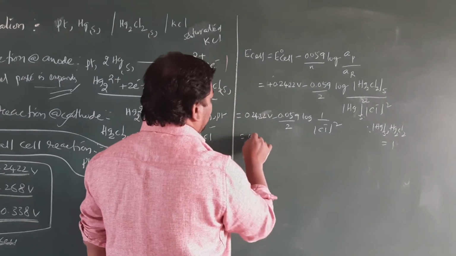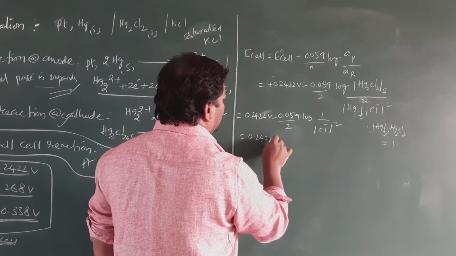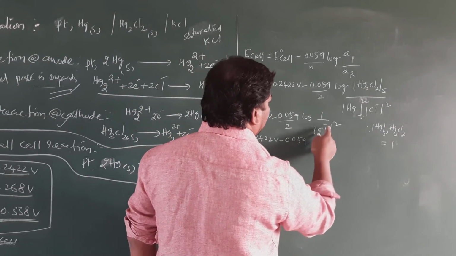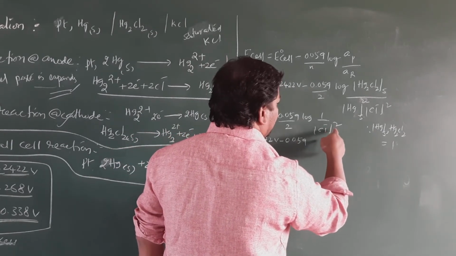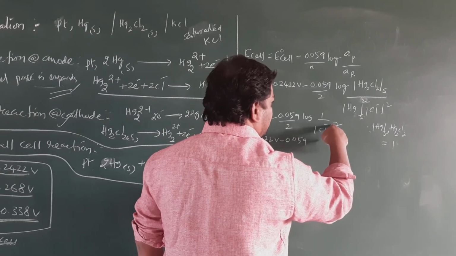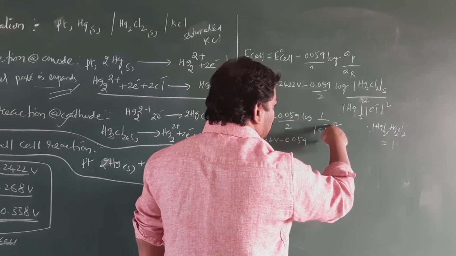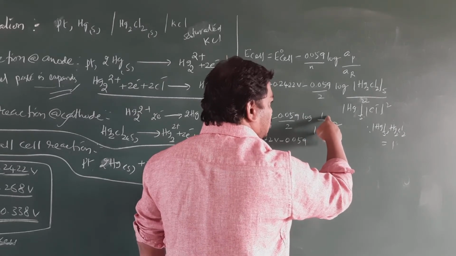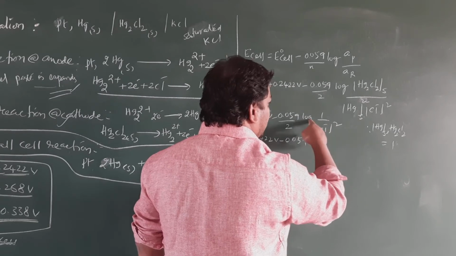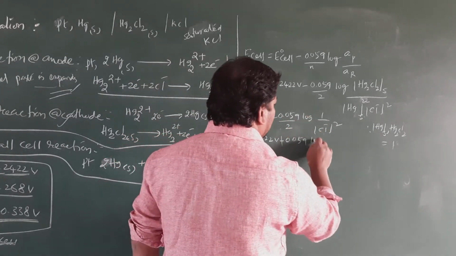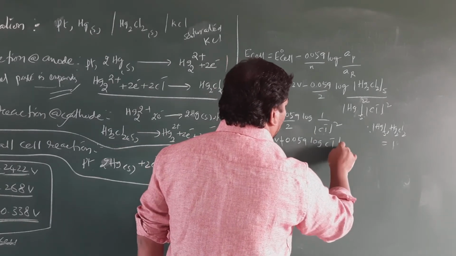Then it is 0.2422 volts minus 0.059 into, log Cl minus is moving to the numerator, so it becomes minus 2. Minus into minus is plus, by the log a to the power x formula. The 2 gets cancelled, and it is equal to log Cl minus.